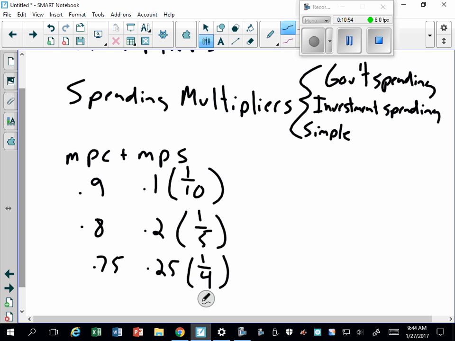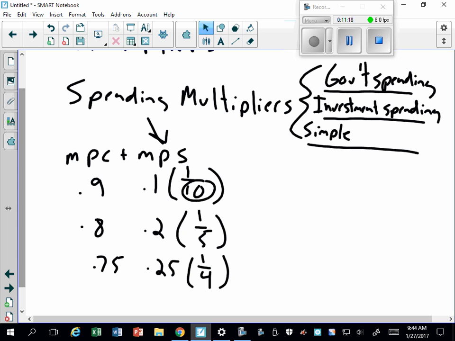Once you find the MPS, all you're going to have to do to figure out what these three multipliers are, the government spending multiplier, the investment spending multiplier, the simple or the consumption multiplier, however generically they say that, is you're just going to take the reciprocal of the MPS. So in other words, if the MPS is 1/10, all of these multipliers are going to be 10.